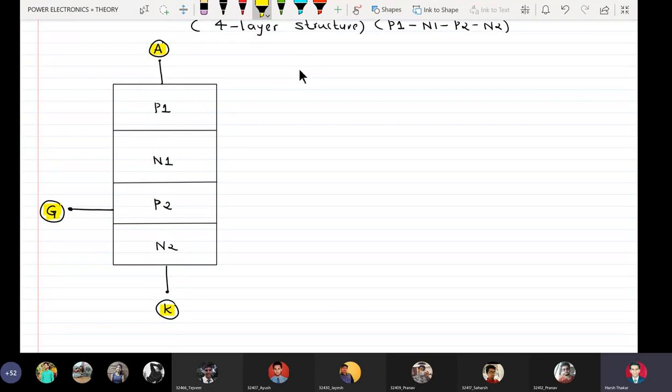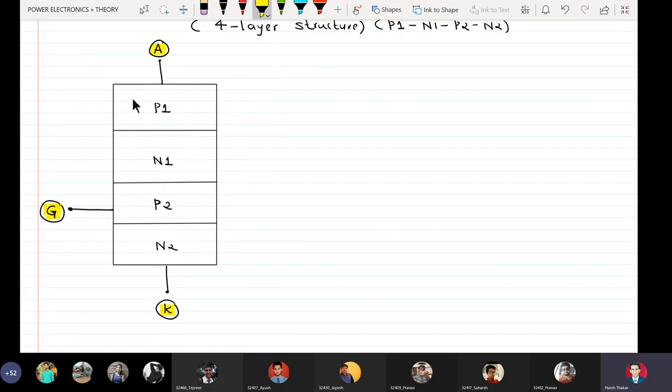So P1, N1, P2 can be seen as a PNP transistor from top to bottom when you mask the 4th layer N2, and you can see an NPN transistor N1, P2 and N2 from bottom to top of the structure if you mask the layer P1. So we are going to break this 4-layer structure into 2 BJT transistors in this way.